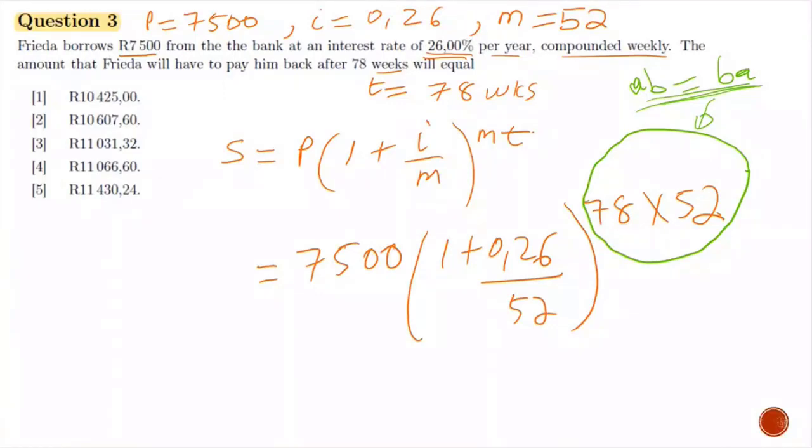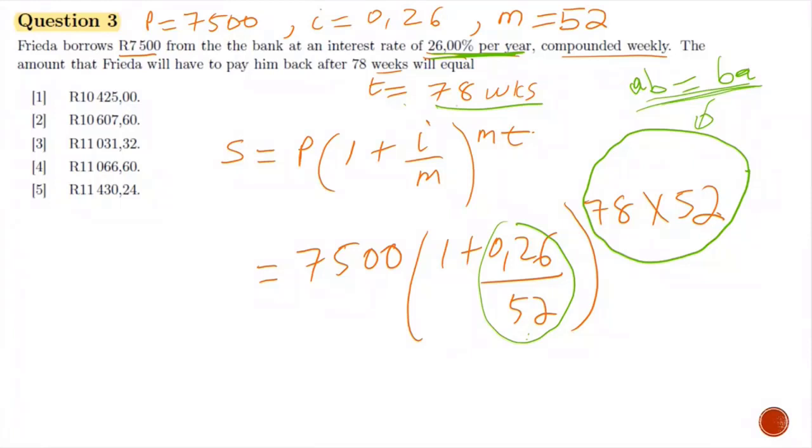Here our time is already converted into weeks, guys. The only thing that was per year here was the rate, so the rate has been taken care of. We are done with the rate. This one has already been done for us. We don't really need to stress ourselves.